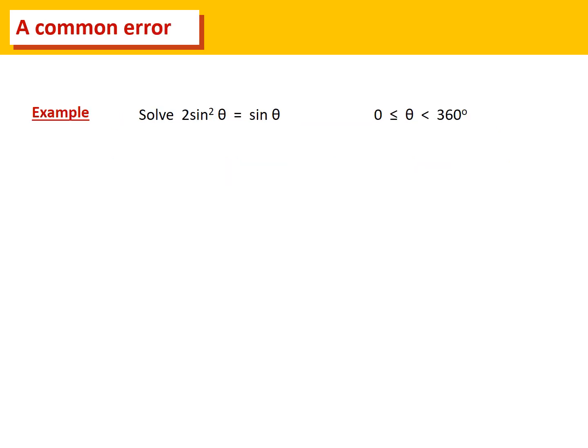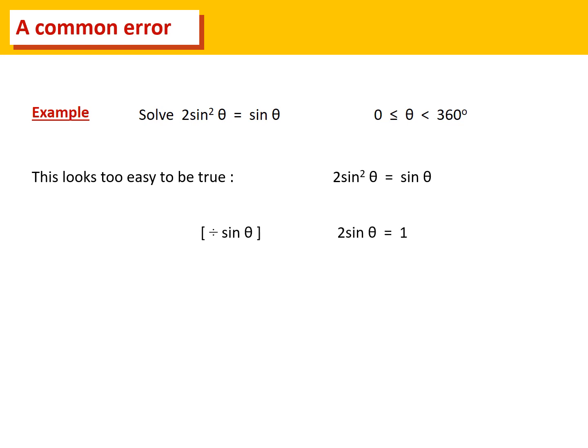Right, I hope those 2 questions went well for you. Here's the common error. When we get a question like this, it looks too easy to be true. I say we could just divide through by sine theta. And if we divide through by sine theta, we end up with 2 sine theta equals 1.